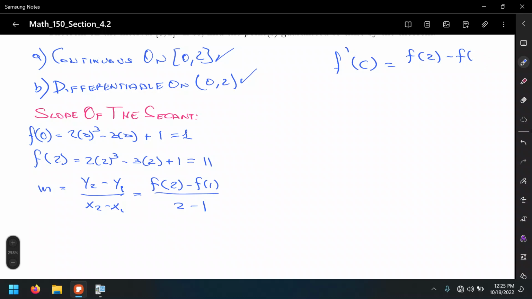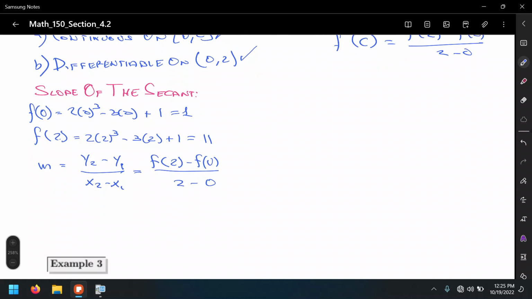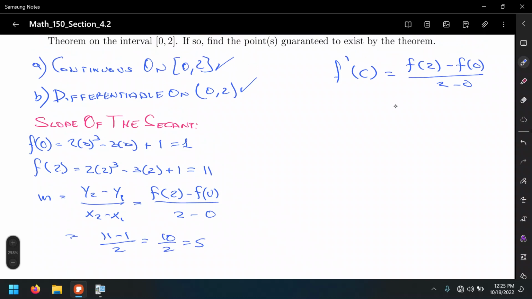Oh, hold on, it's f of 0, not f of 1. So f of 2 is 11, and f of 0 is 1, so 11 minus 1 over 2, that's 10 over 2, which equals 5. So that's going to be this result, 5.